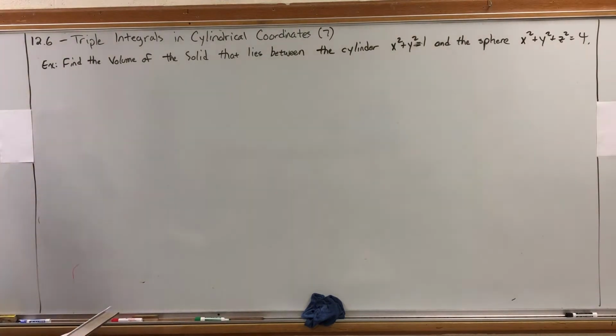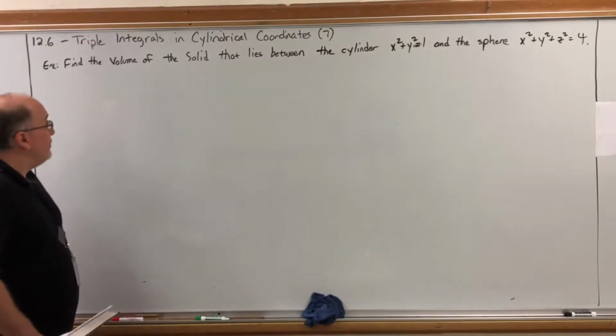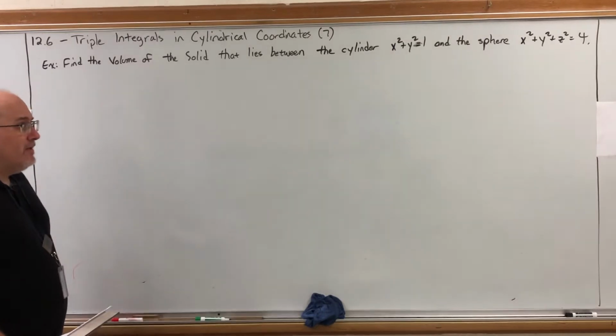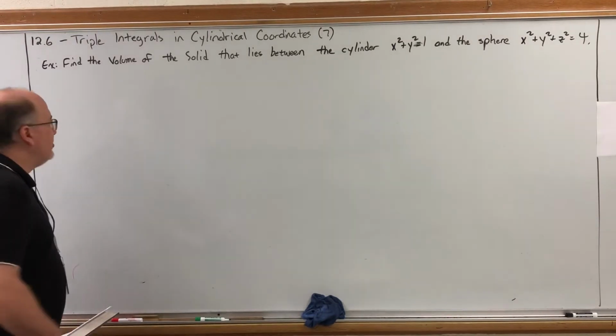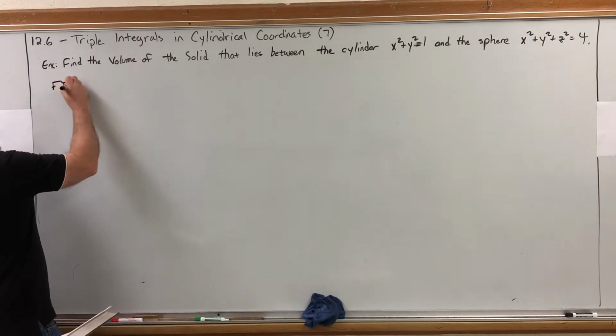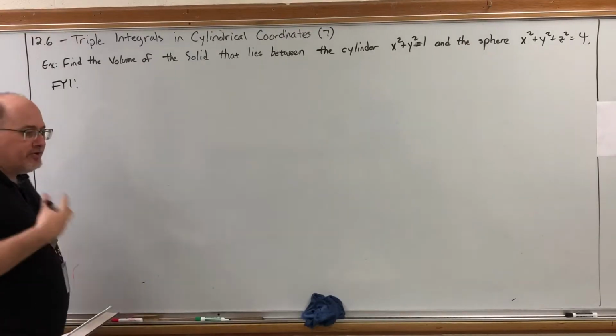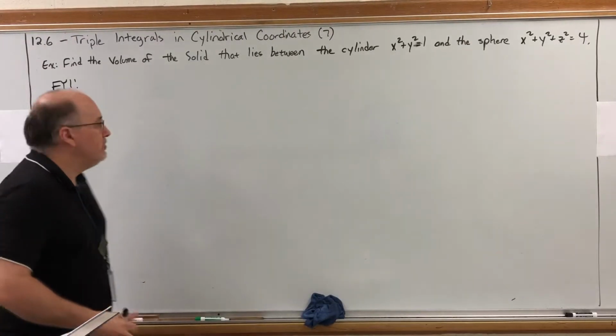One thing I do want to mention is that we're being asked to find the volume of a solid, and I don't think I mentioned this previously, but this is an important yet simple concept to understand in calculus.